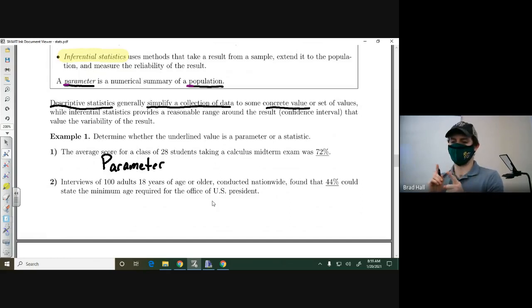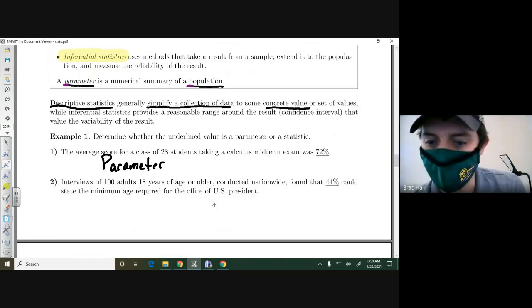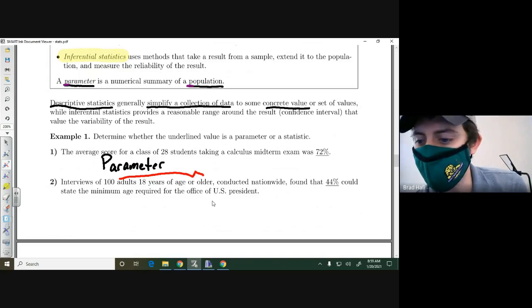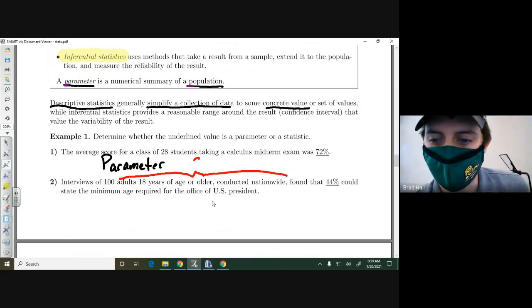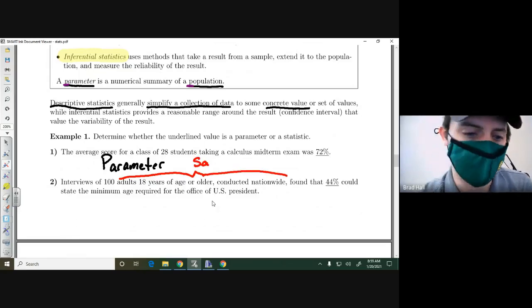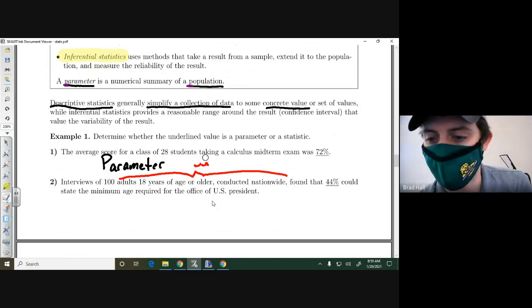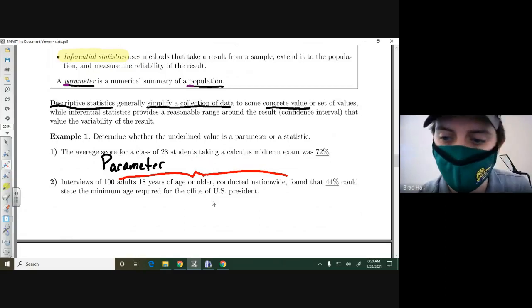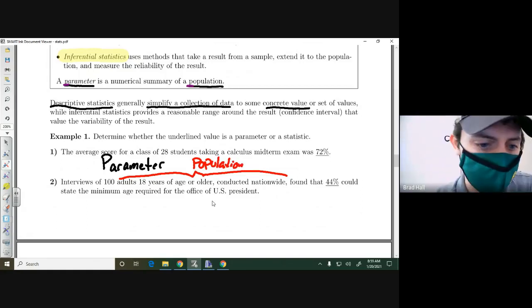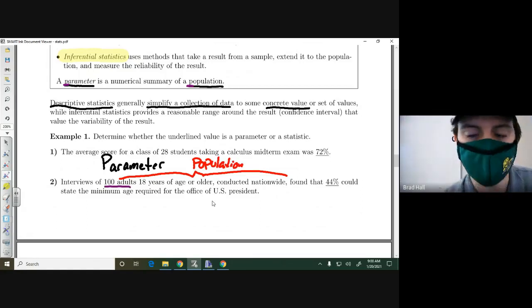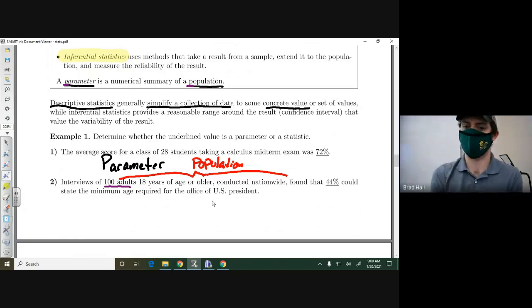And one more thing. In the US, yes. The population is adults 18 years of age or older conducted nationwide. Let me try that again. That's the population, and then the sample are the 100 adults within that.